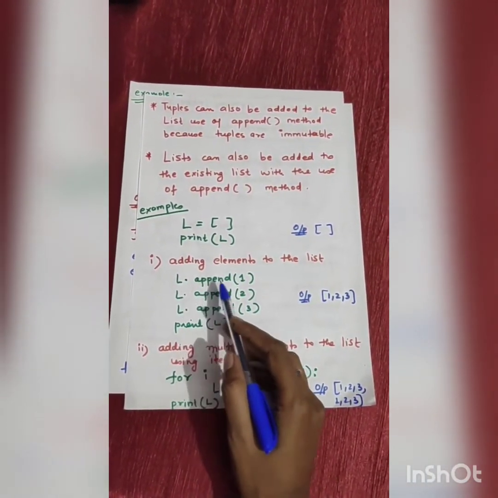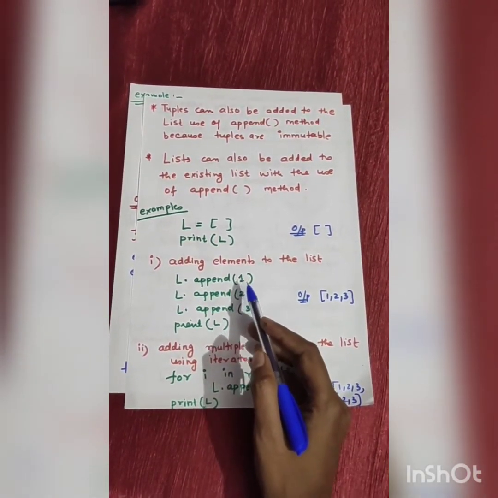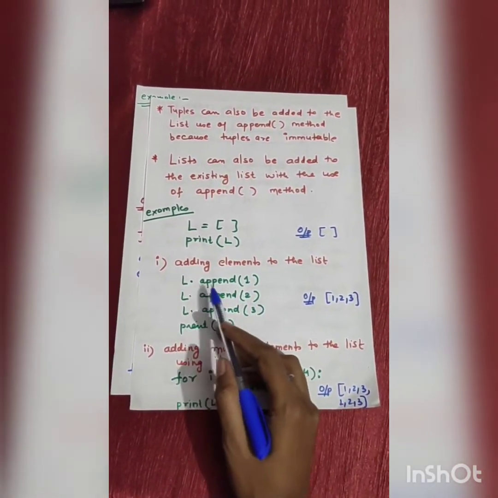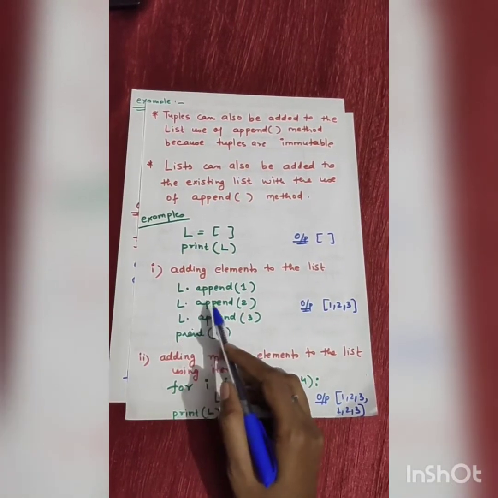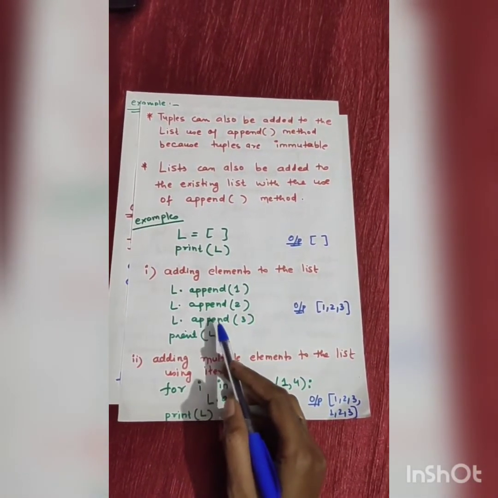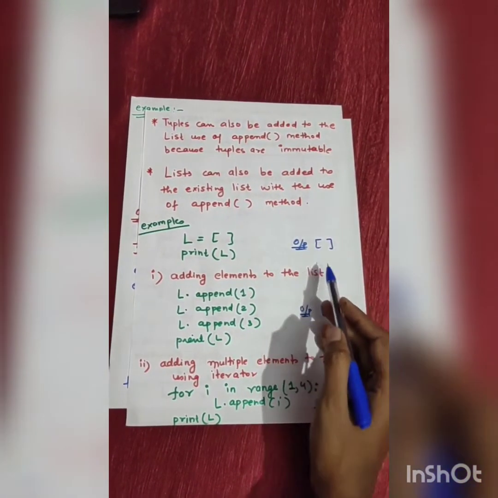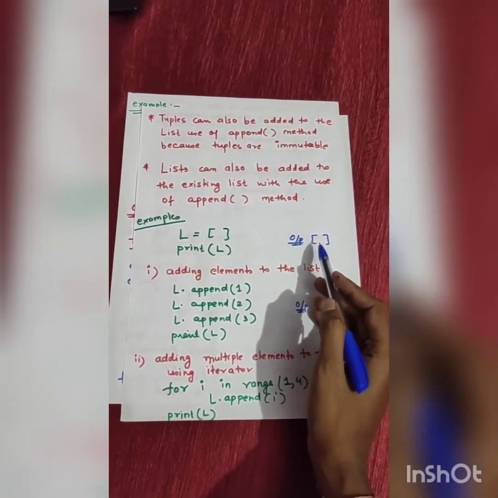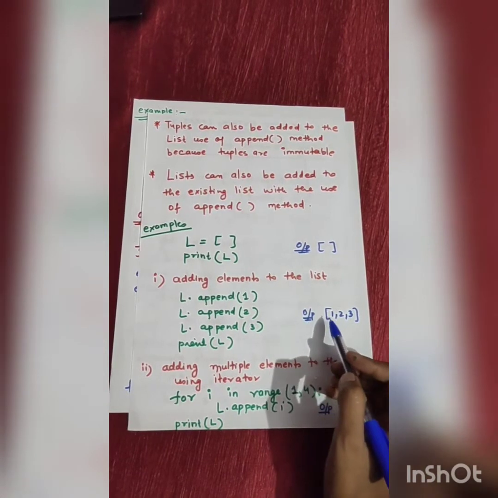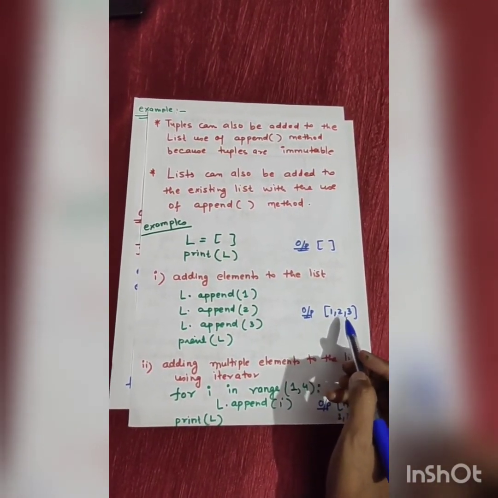L dot append 1, L dot append 2, L dot append 3. So what is the output? Here it's empty, so it will go and add to the end. That's why it will become 1, 2, 3.